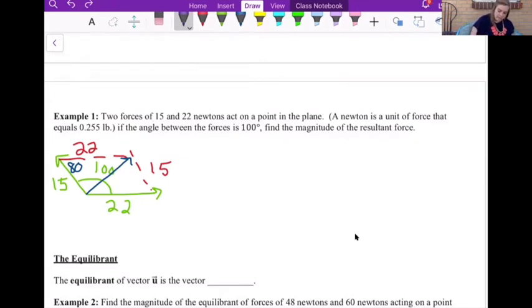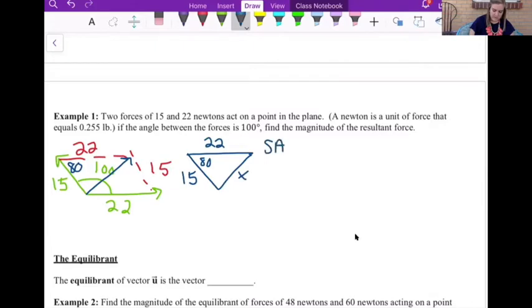Basically we have this triangle where this is 15, this is 80 degrees, 22, and this is the side that we are trying to find. So thinking back to 7.3, this is side angle side, which means that we want to do law of cosines, where we're looking for the third side.